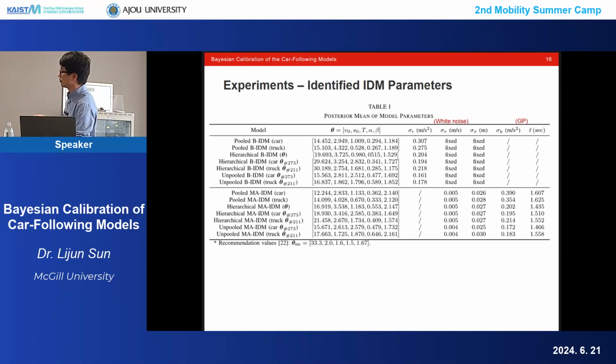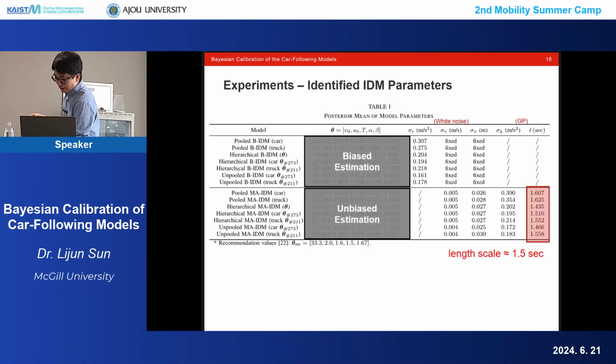If we compare these results, they look very similar, but the problem is that if I assume the error term to be independent, the error I have is very large because I attribute everything I cannot explain to the independent error term. But with our model, you can see the estimated error term becomes much smaller than that. And we can even get the correct length scale.